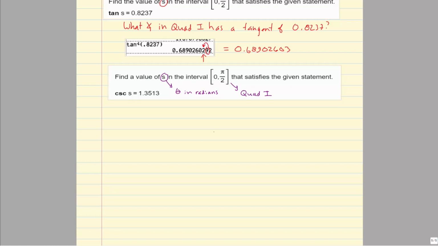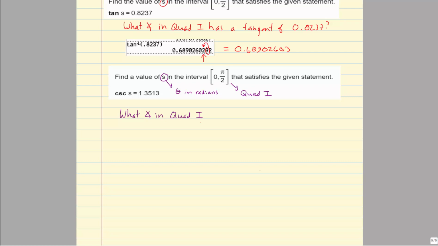That satisfies the given statement. Cosecant of s equals 1.3513. So I'm looking for s, so I'm looking for an angle. What angle in quadrant 1? And it's important to specify because there's actually an infinite number of solutions here unless we're restricted to the first quadrant.